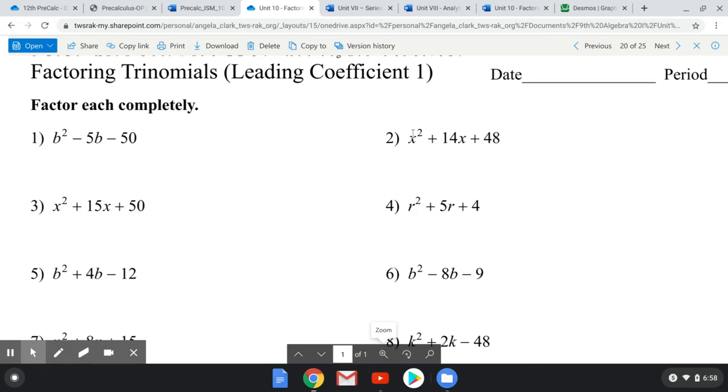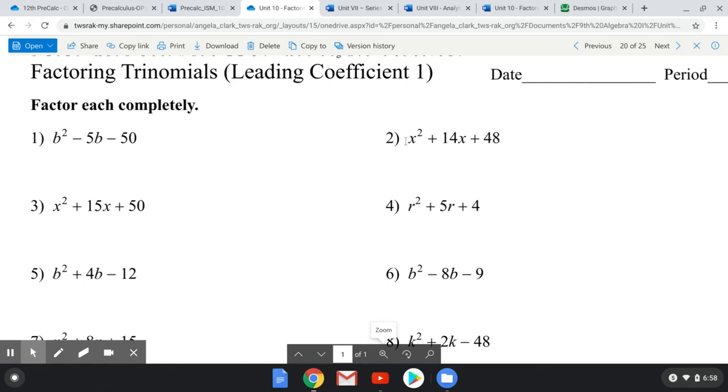So when we're talking about leading coefficient, we want the variable with the highest power to be first, so that the leading coefficient is the coefficient of the variable with the highest power. Hopefully that makes sense.